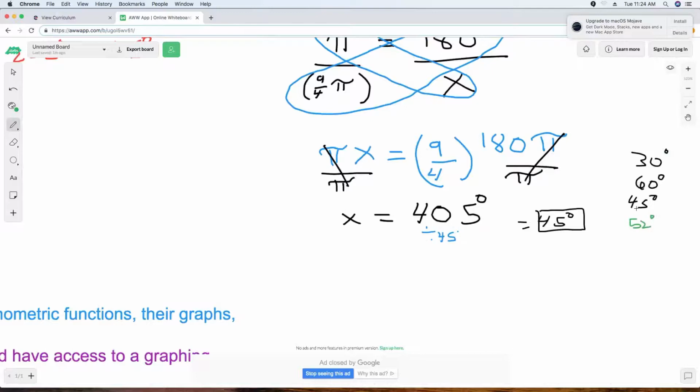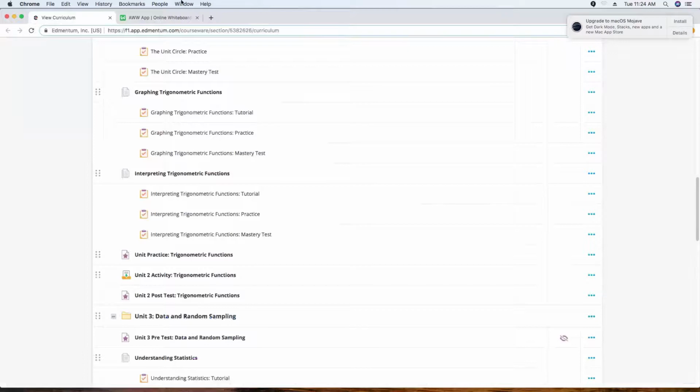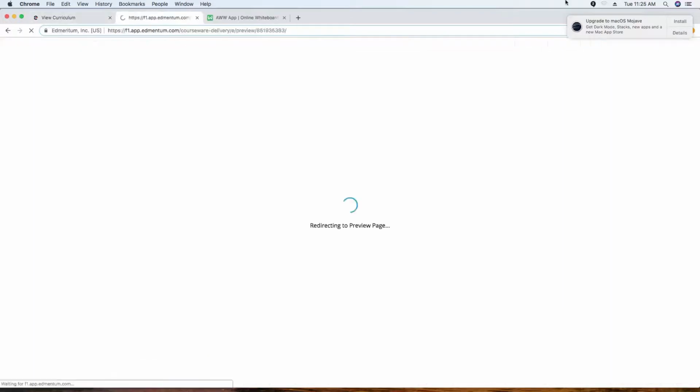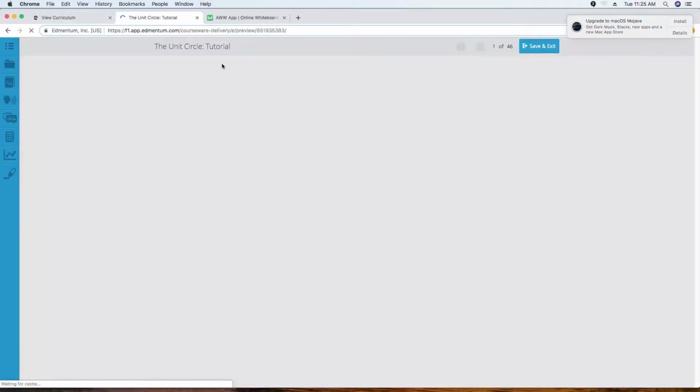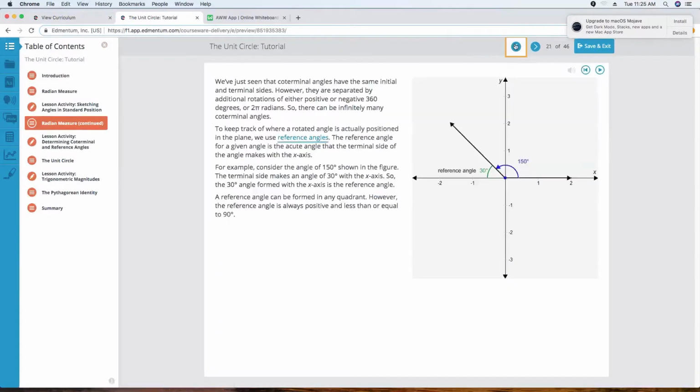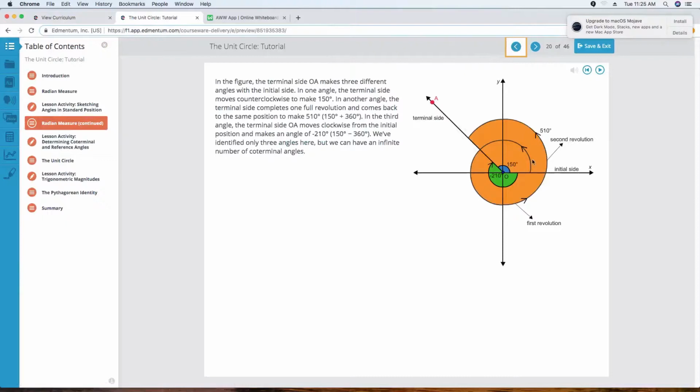Now, I went a little bit fast on this part. Is everybody okay with this? Then let's see the tutorial. To understand this, please go over pages 20 and 22.